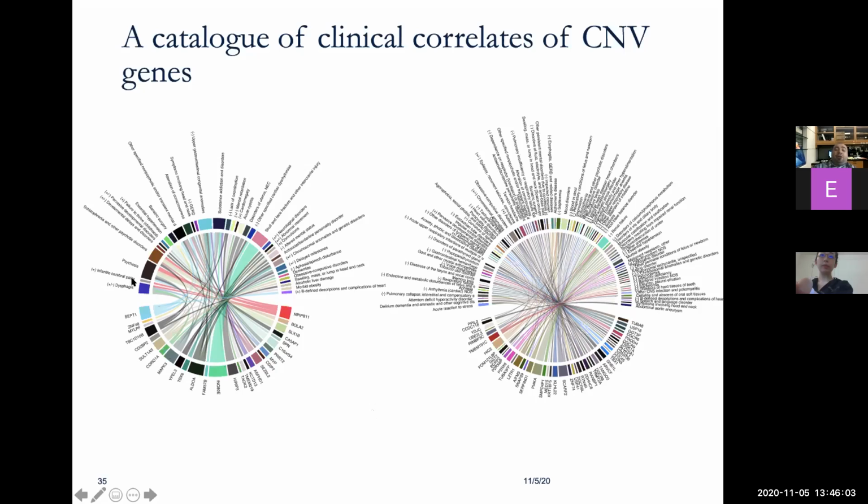Infantile cerebral palsy was associated with duplications, and psychosis, a brain-related trait. Ultimately, the goal when I was integrating these various studies is to take these genes that are either duplicated or deleted and catalog their effects on various traits.